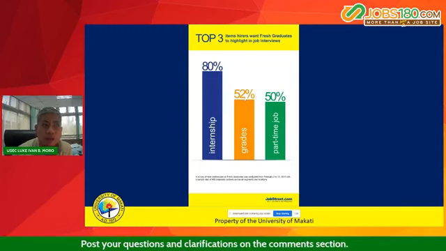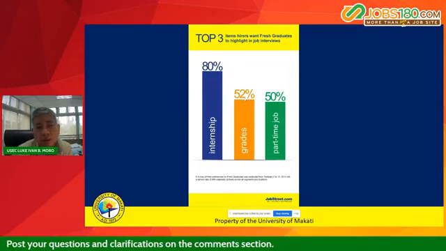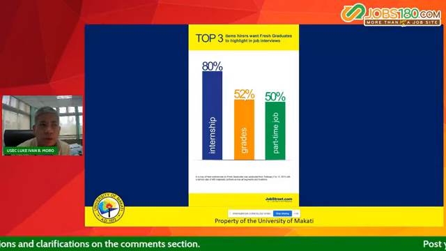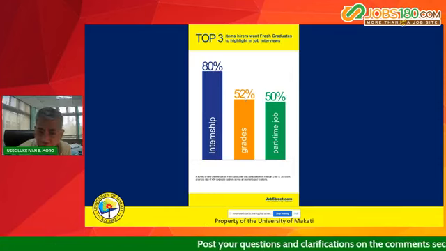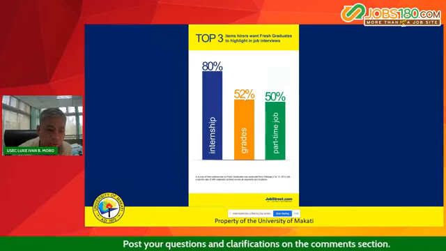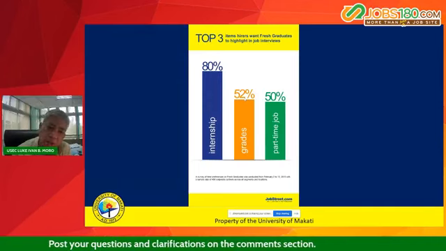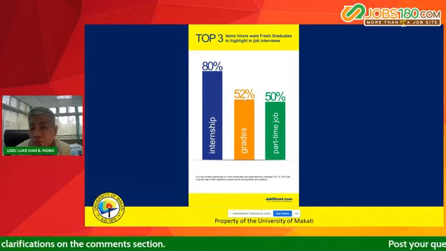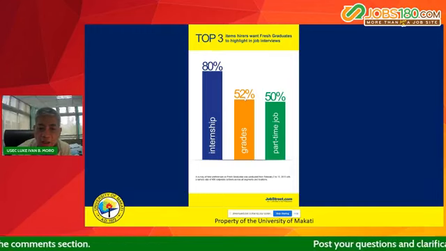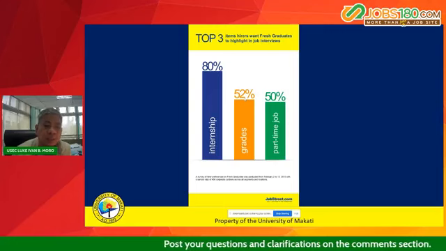Why? Grades only show your ability. It's an aptitude. If you have good grades in, for example, math or algebra, it only means you can do math. You have an aptitude for mathematics.